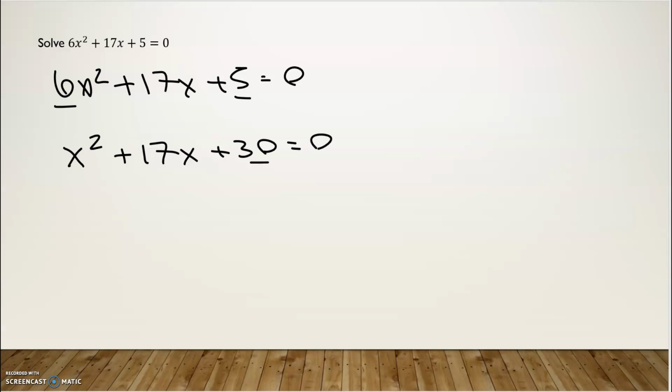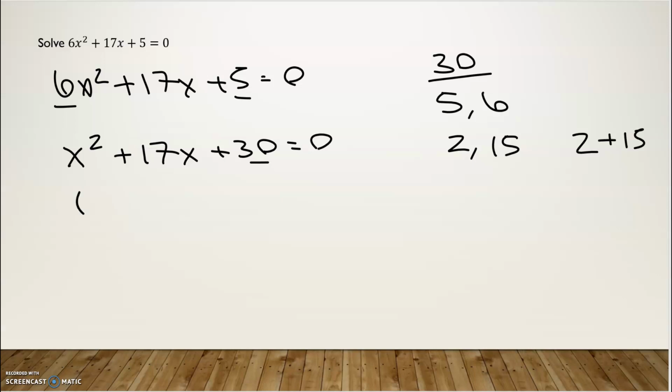Then I'm going to take 30 and find factors of 30. We have 5 and 6, but I can't get 5 and 6 to 17, so we can take 2 and 15. Now we can get to 17 here. 2 plus 15 will give us 17. So we'll take x plus 2 and x plus 15.